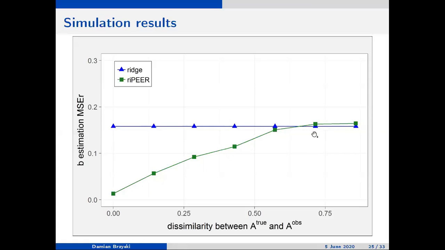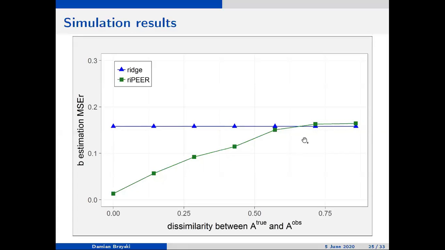The corresponding lambda for the graph information was set very small compared to the other lambda for Ridge. So this method is actually able to neglect some information.